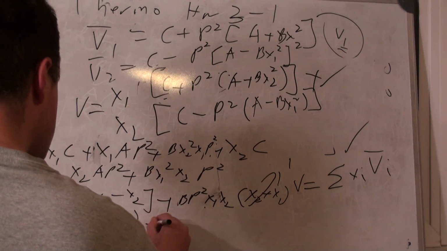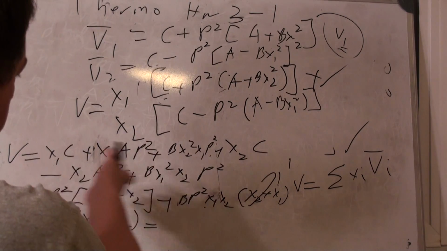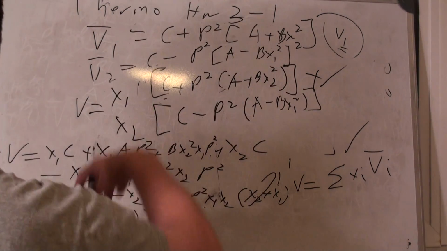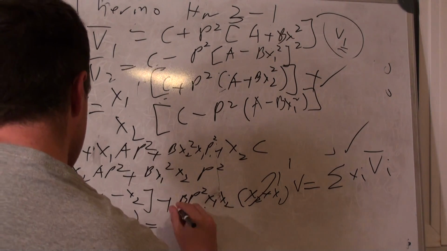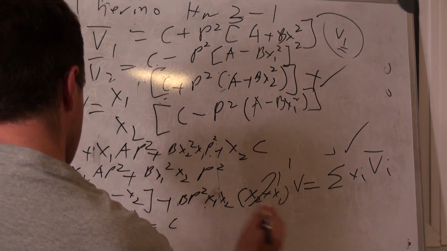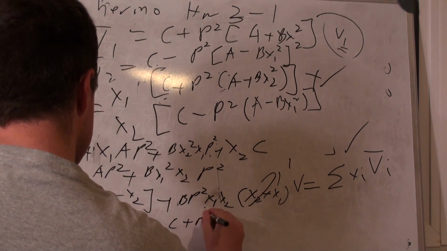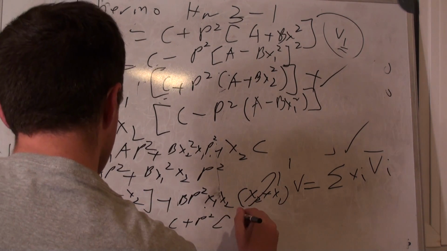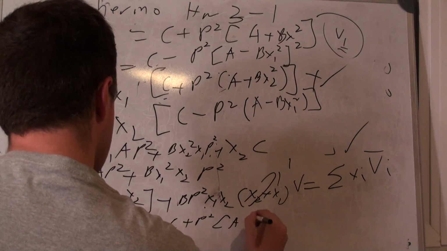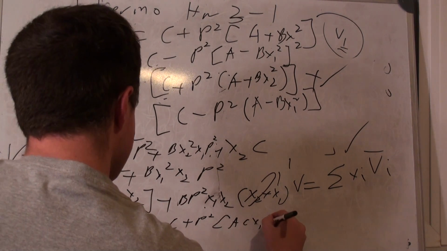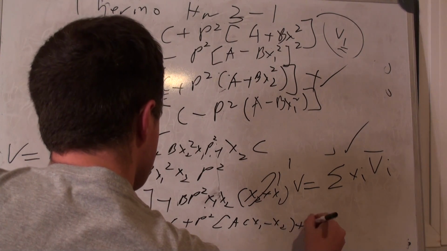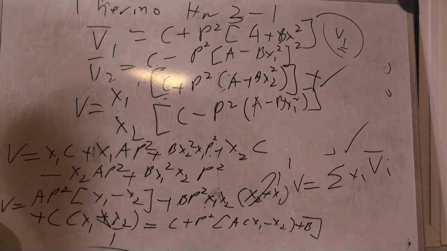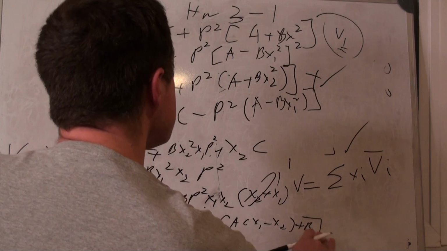So when I'm all said and done, and let's pull out our P squared, and so it kind of looks like that thing. So when I'm all said and done, V is equal to C plus P squared times the quantity A parentheses x1 minus x2 plus B. Oh, sorry, actually.